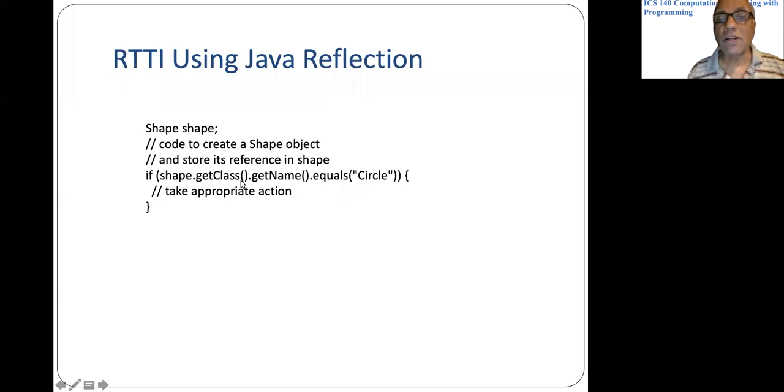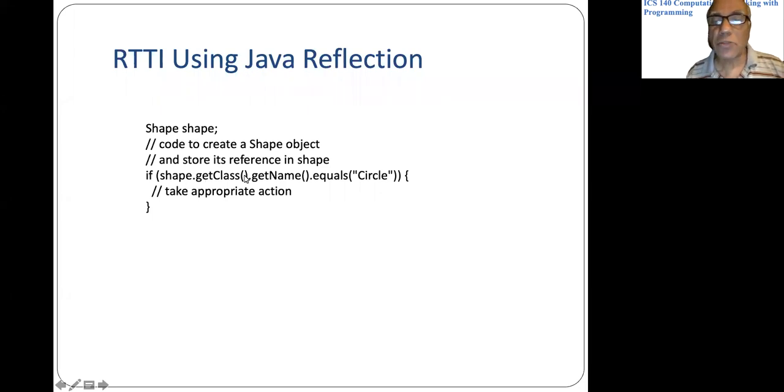So this is called runtime type identification. This uses what is called Java reflection. You can investigate an object for its methods, for its constructors, for its fields, and its class, as we did here. This is called the reflection mechanism in Java.